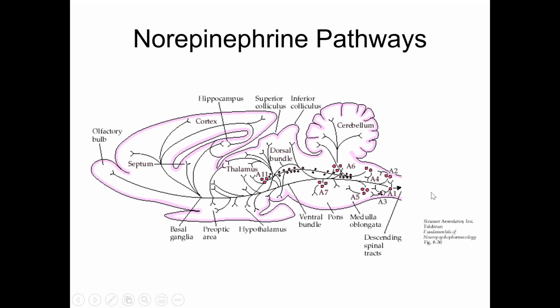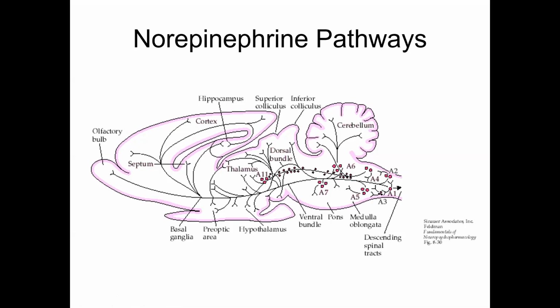A1 is primarily descending, A2 and A4 are primarily interneurons. So what that leaves us is the A6 cell group. And the A6 cell group is morphologically identical to the cytoarchitectural characteristics of the pontine nucleus, the locus coeruleus.